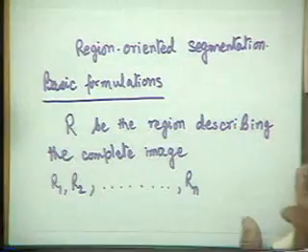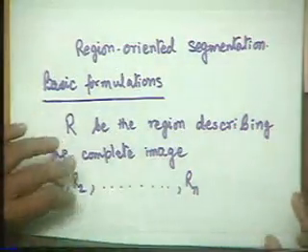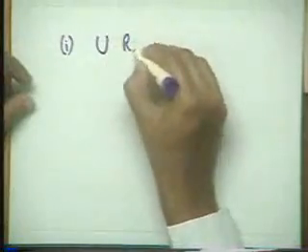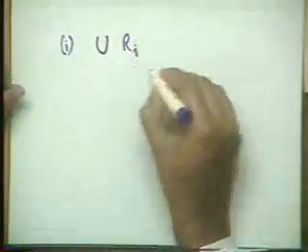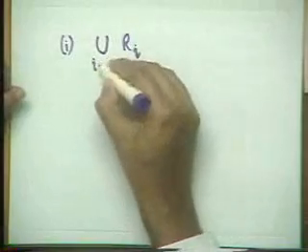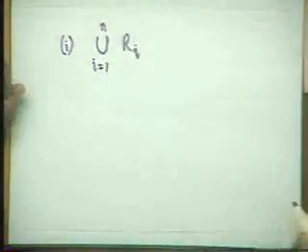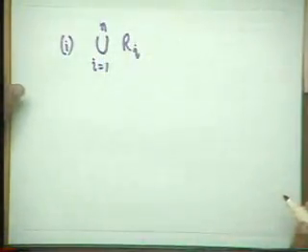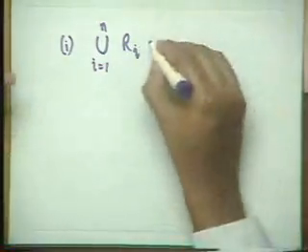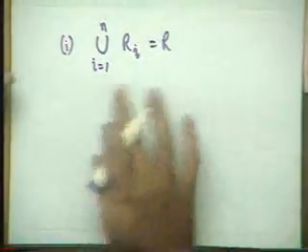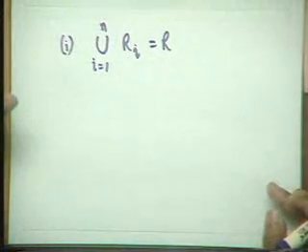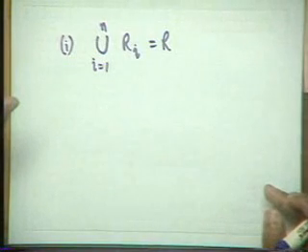and with this definition, we can define the following properties. The first thing we must have as an output of segmentation is that the union of all these regions, when I have the union of Ri where i is equal to 1 to n, can you tell me what it should lead to? It should lead to R. So by stating this property, what we are fundamentally defining is that the segmentation process is complete.